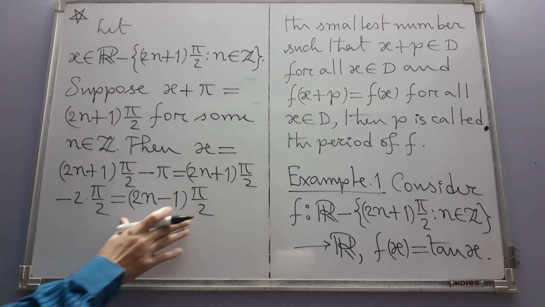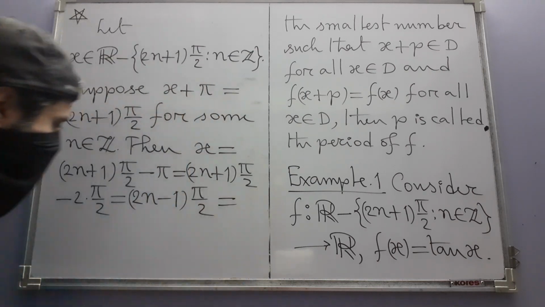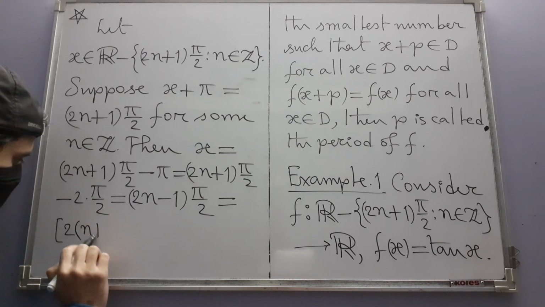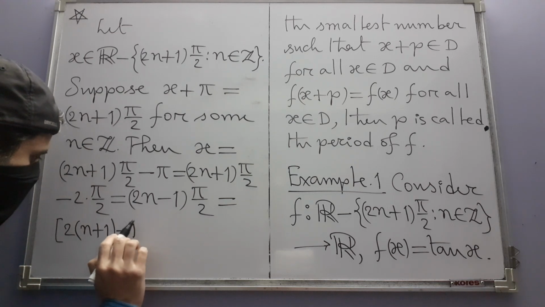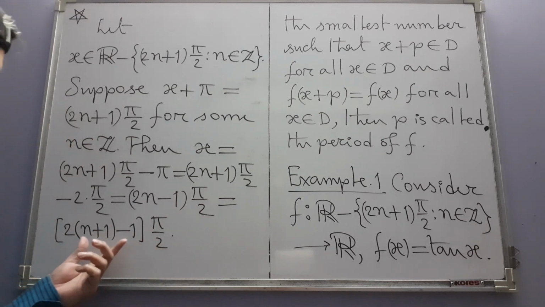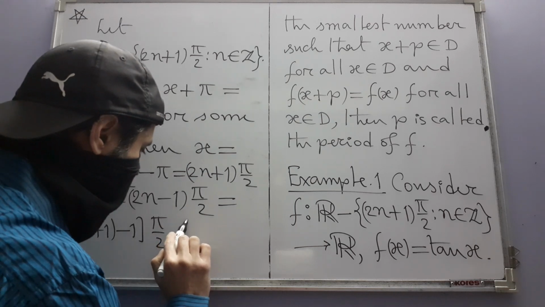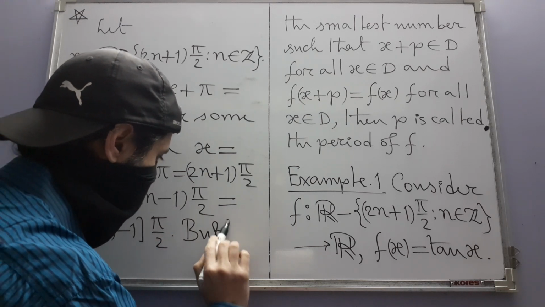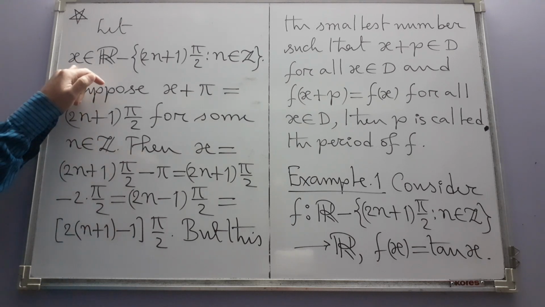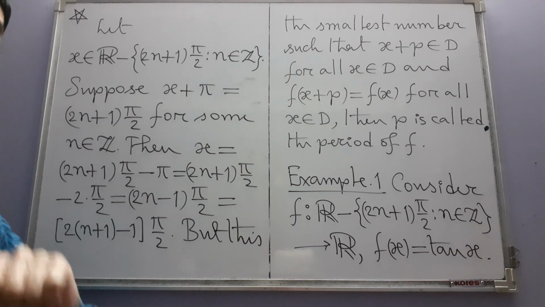But then this again is a number of this form. Why? Because this is 2 times n minus 1 plus 1 times pi over 2, where n minus 1 of course is an integer because n is an integer, but this is not true, because according to our choice of x, x cannot be a real number of that form.